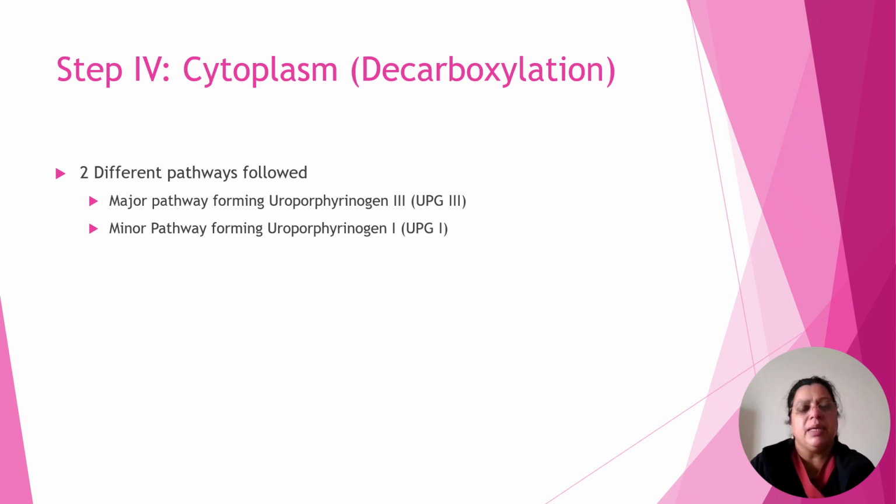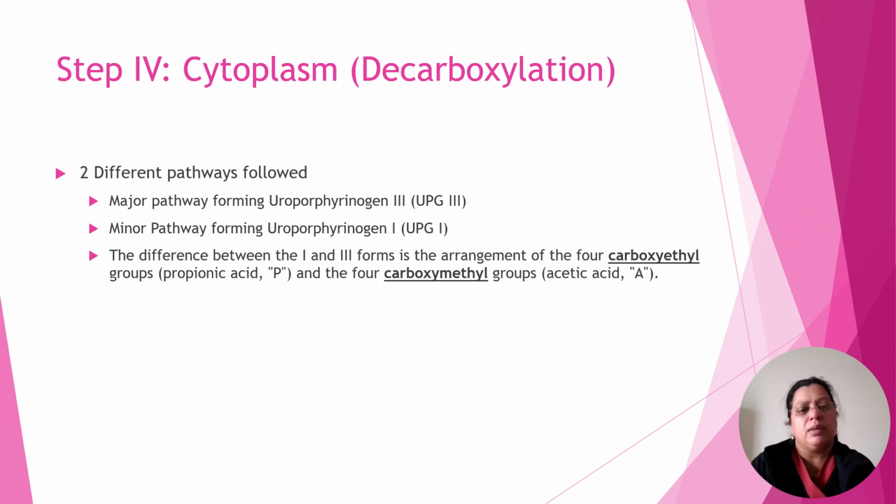The hydroxymethylbilane that was formed in step 3 can undergo two different processes. First is the major pathway, in which it forms uroporphyrinogen 3, and the second is the minor pathway where it forms uroporphyrinogen 1.